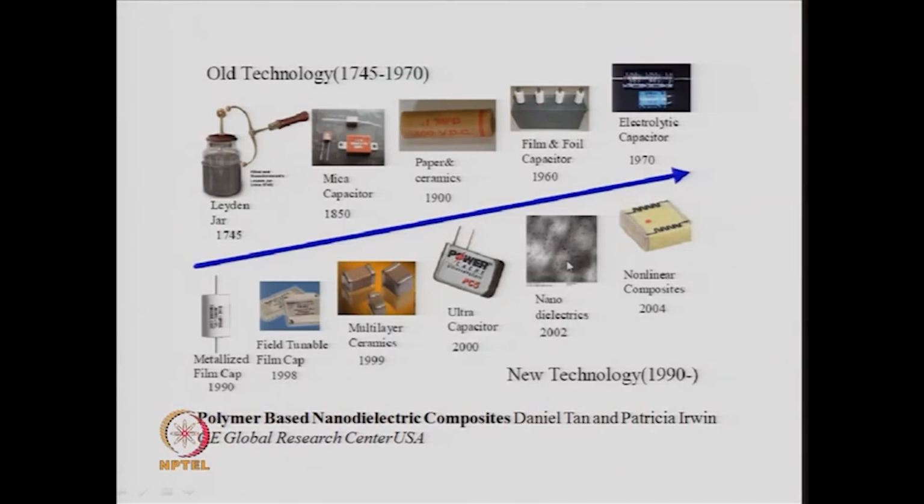When you combine with polymers etcetera, you get flexible dielectrics, and many of them you can make like nonlinear composites, which were discovered in 2004. So, a lot of change has occurred, and polymer based nano dielectric composites have become very important these days, because they combine the high dielectric constant of the ceramic and the flexibility of the polymer.